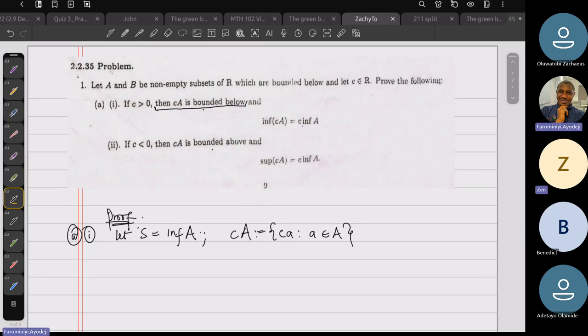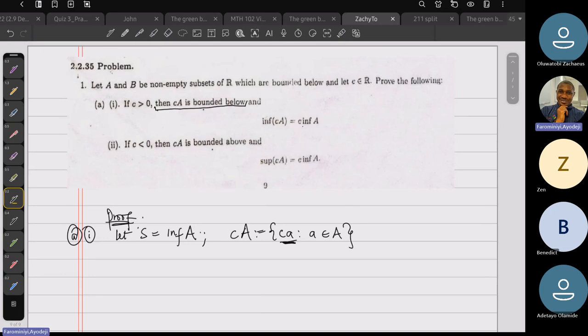Yes, sir. Good. So we want to look for an element that is less than every element of CA that we can think of. But because A is bounded below, there is an infimum.